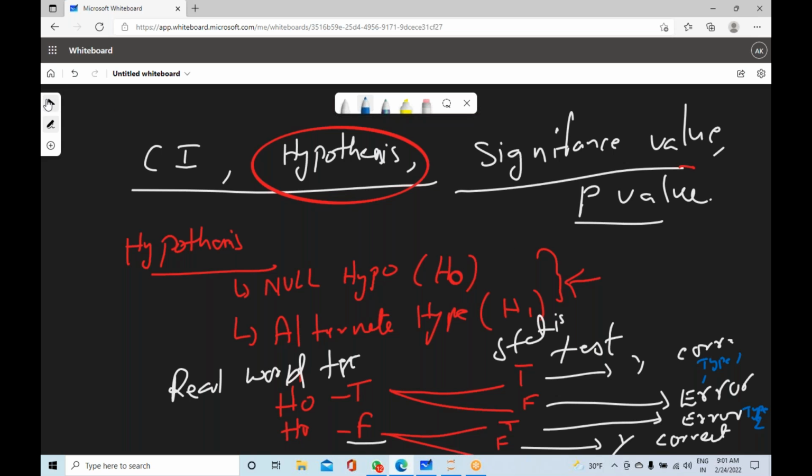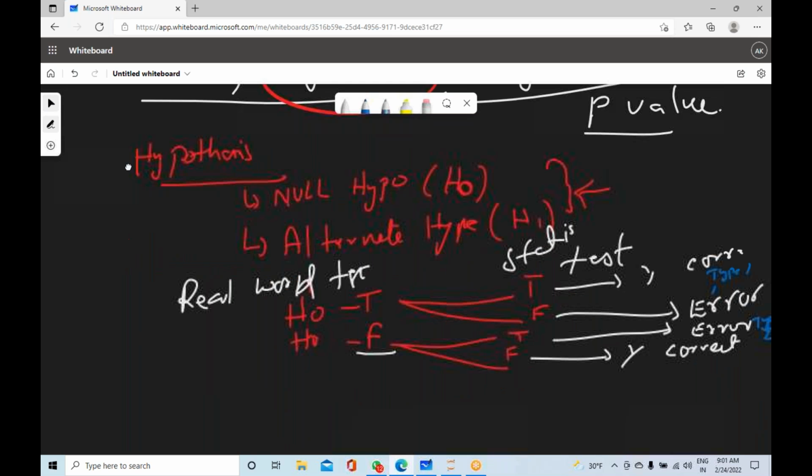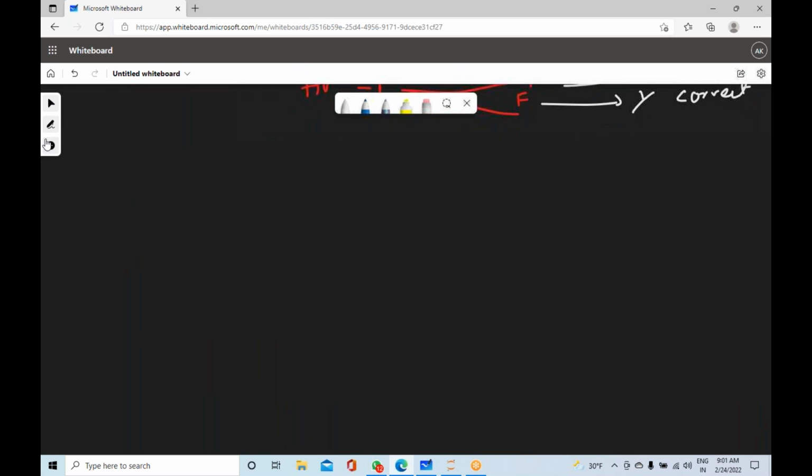Now, when you are trying to apply confidence intervals, first you should understand what exactly confidence intervals are. For example, this is my data, my normal distribution, and this is my mean. Confidence intervals mean you have some data, this is my population.